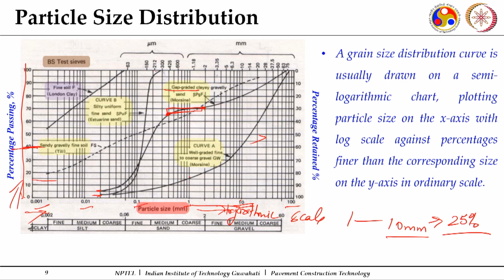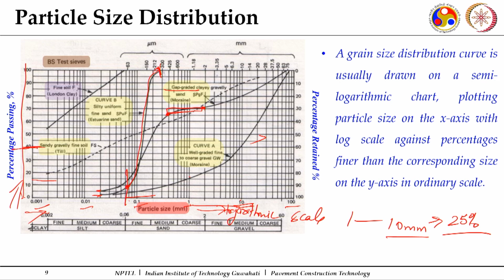Now, the other one shows this kind of curve, where you can see all my percentages are within a very small range. Here it is 100% passing, and for this particular curve, here it is 10% passing. So, within this narrow range, all my material is available.